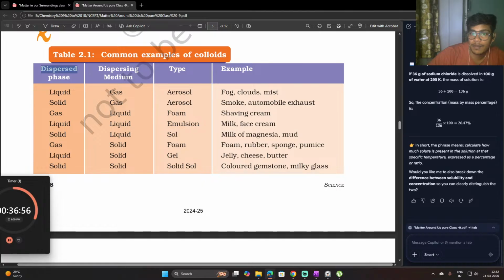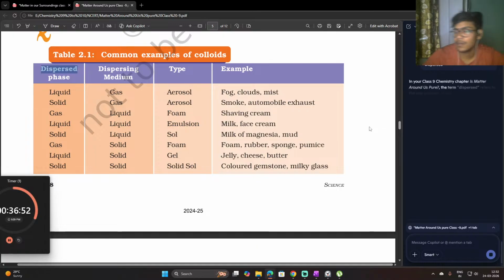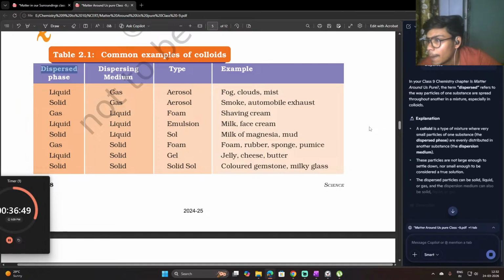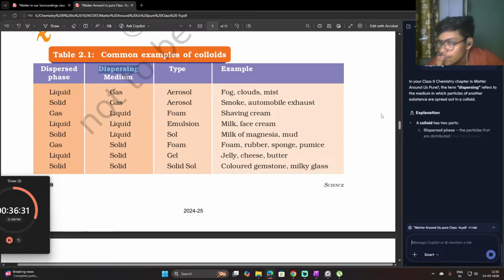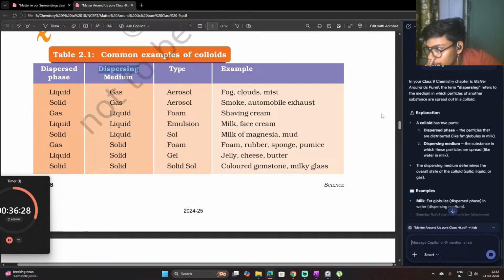What does dispersed phase mean? Dispersed refers to the way particles of one substance are spread throughout another in a mixture. Dispersing medium refers to the medium in which particles of another substance are spread out in a colloid.